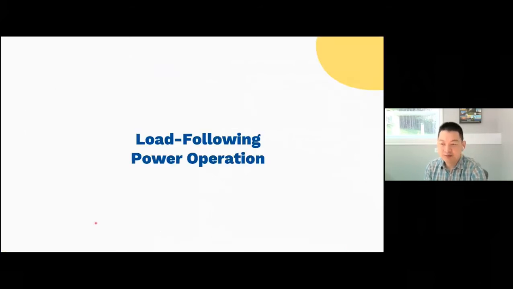So one of the major topics for the normal operation is the load following power operation, which is mode 5. So we didn't spend too much time there, but I'd like to spend time here to explain how we're going to do the load following.